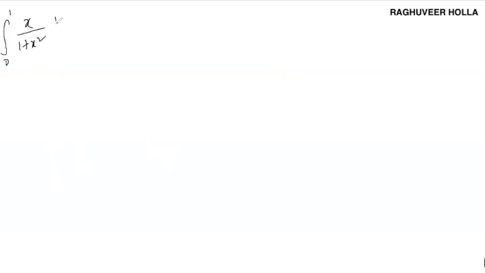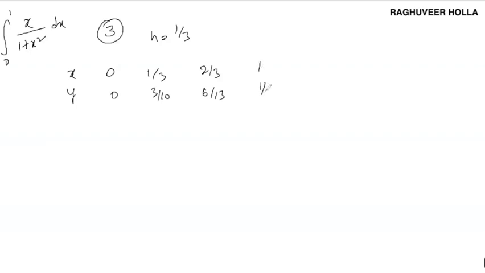Here again 0 to 1, and we'll take 3 equal parts. So your h will be 1 by 3. Write down the table corresponding to this. This will be 0, this will be 3/10, this will be 6 by 13, and this is 1/2. So you got y0, y1, y2, y3.